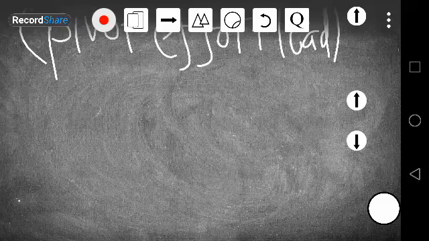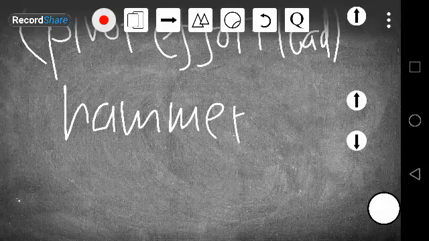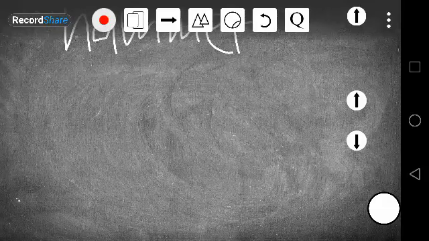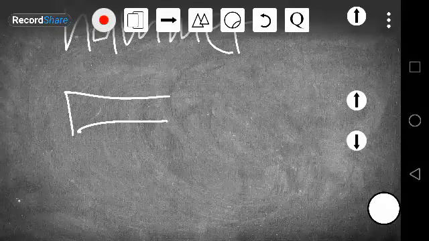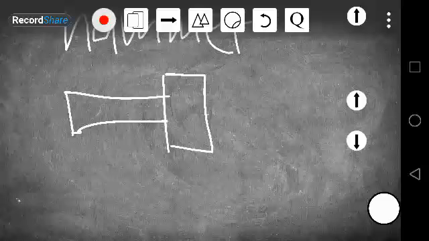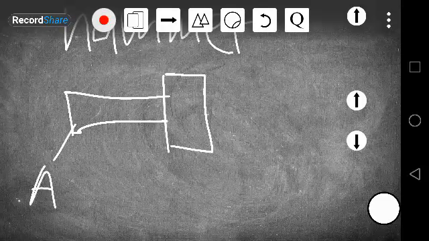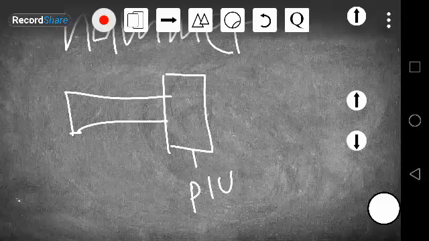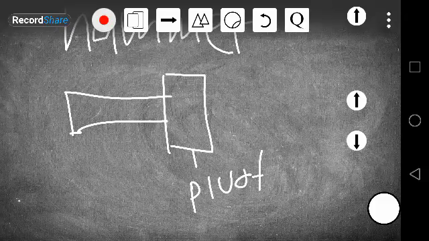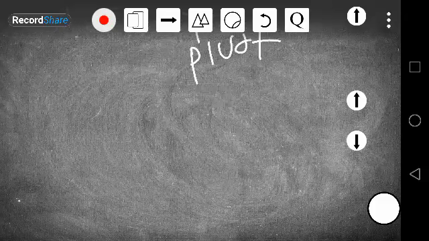An example would be a hammer. A hammer is something like this. So the effort will be here at A, with the pivot, then we have the effort and we have the load.